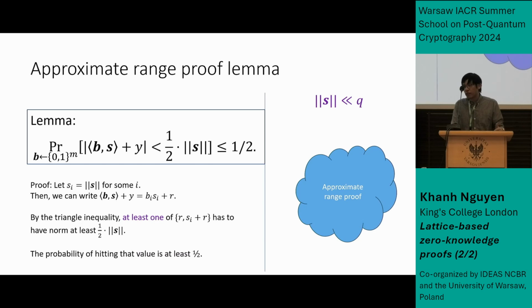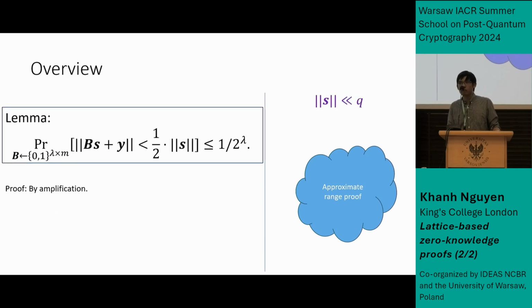Simply by the triangle inequality, at least one of r and si plus r, which correspond to bi equal to 0 and bi equal to 1, has to have norm at least the norm of S divided by 2. Why? Because if it weren't the case, then by the triangle inequality, we would have found si with norm less than the norm of S, which is a contradiction. And the probability of hitting that value is at least 1/2. So that concludes the proof.